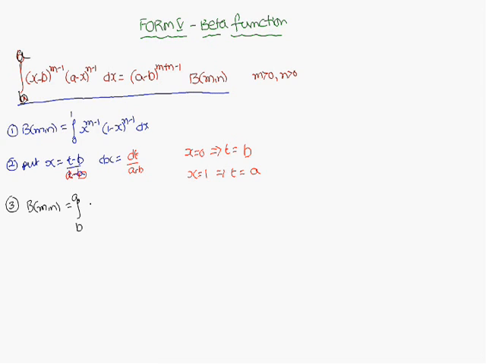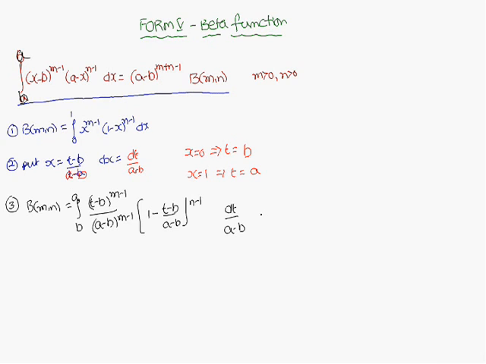So x power m minus 1, that means t minus b whole power m minus 1 by a minus b whole power m minus 1. Next one, 1 minus x means 1 minus t minus b by a minus b whole power n minus 1, dx means dt by a minus b.